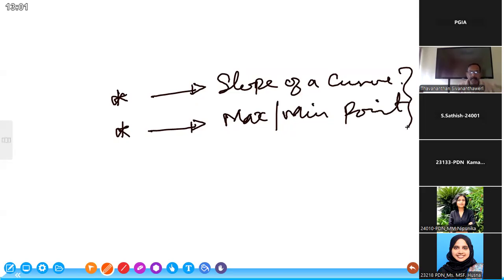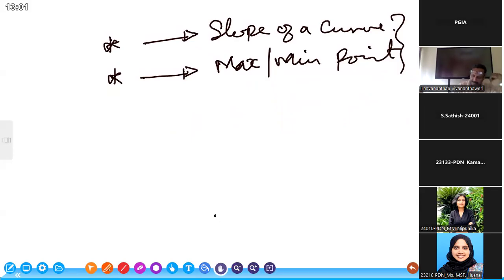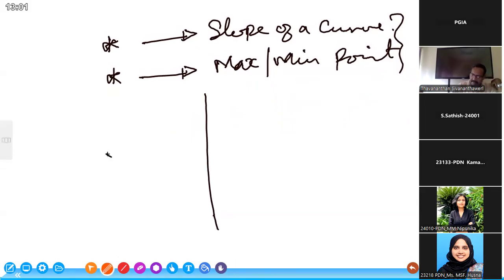When you come to the application, normally the applications are real world applications. Yesterday I spoke about the maximum and minimum to get the rainfall information, the production information, etc. As you all know, this is the y-axis, this is the x-axis, this is plus, this is minus.